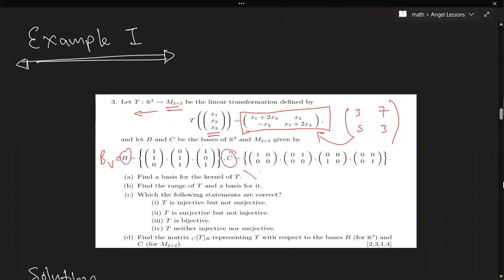Then we have this, which plays the role of BW. So you will take T of all these things, and when you find them, you will get a vector outside, which I will call vector S1 for the first one. Then you take S1 and find its coordinate vector with respect to BW.